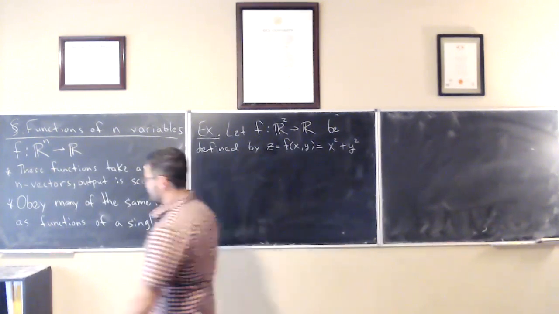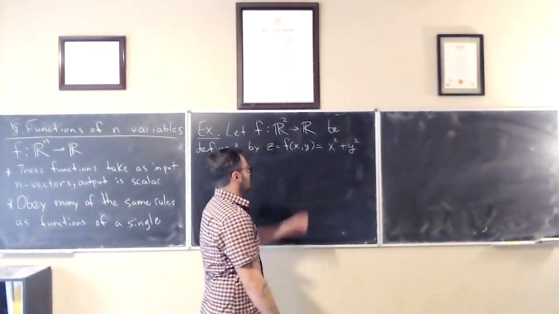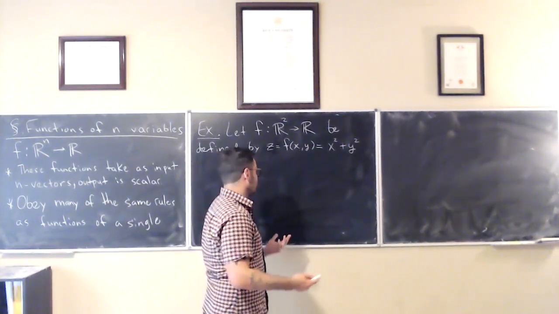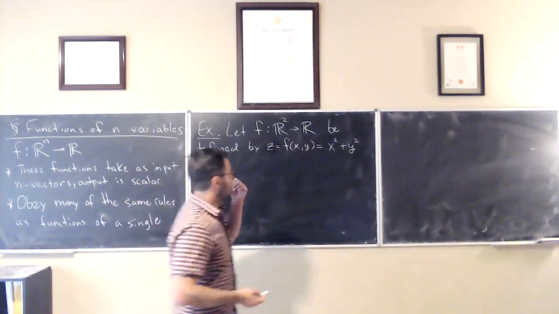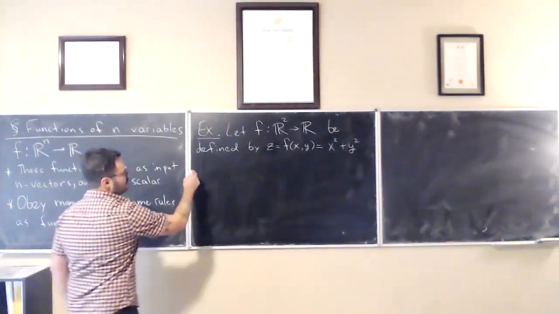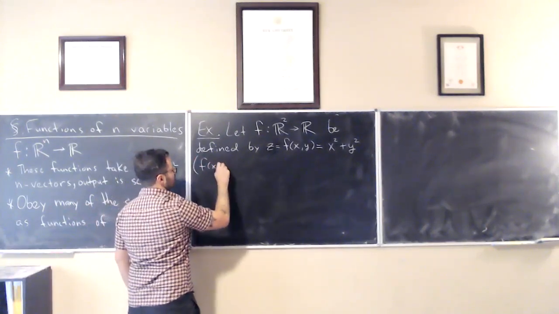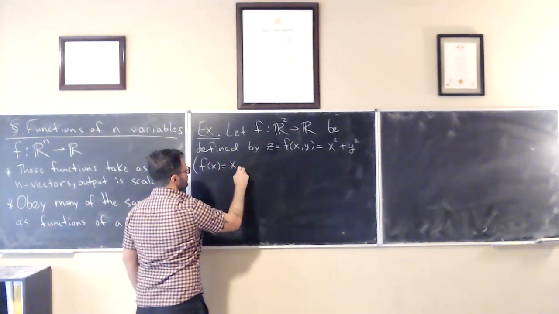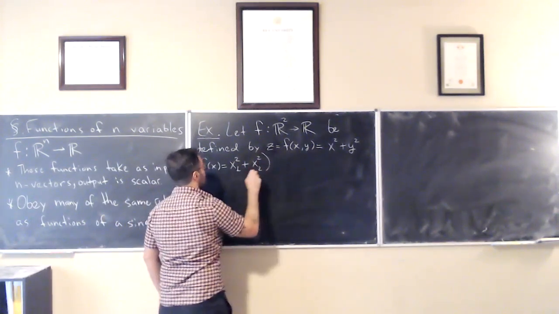Now, the notation is a bit annoying, but the x and the y will become apparent when we look at trying to plot this thing. But in general, you should realize that this function is the same thing as saying f of x equals x1 squared plus x2 squared.